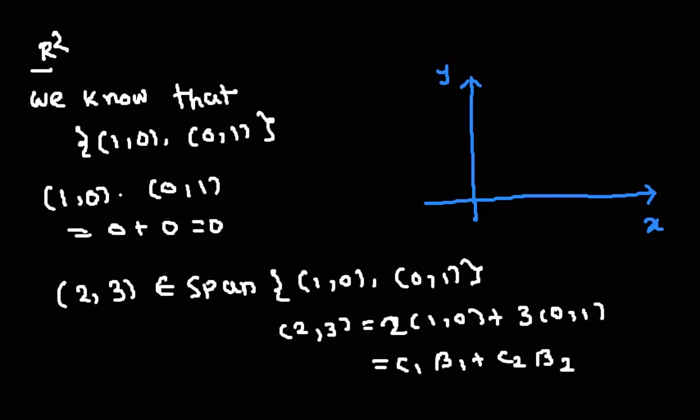C1 is the scalar component when we take the projection of the vector 2, 3 upon the vector beta 1, and C2 is going to be the scalar component when we take the projection of 2, 3 upon the line beta 2. But we want to verify whether this is actually true here or not. Without using any inner product, we can write 2, 3 as 2 into 1, 0 plus 3 into 0, 1.